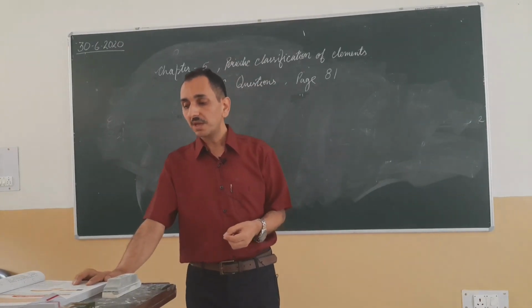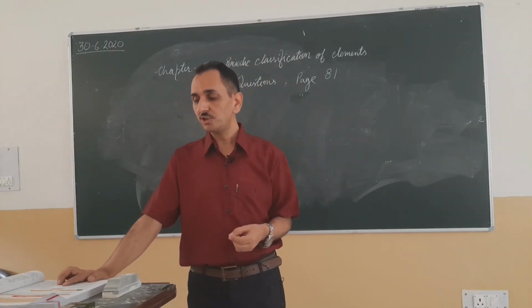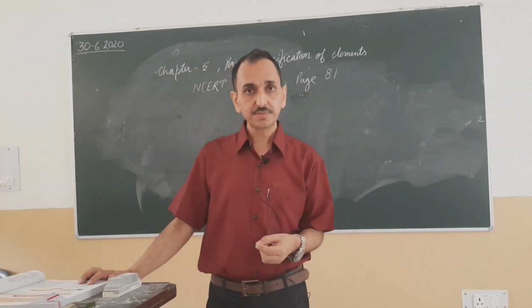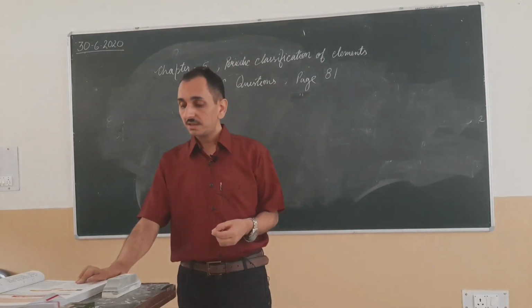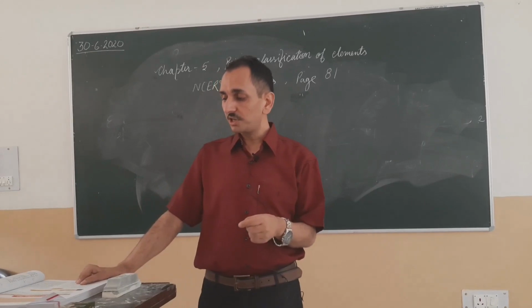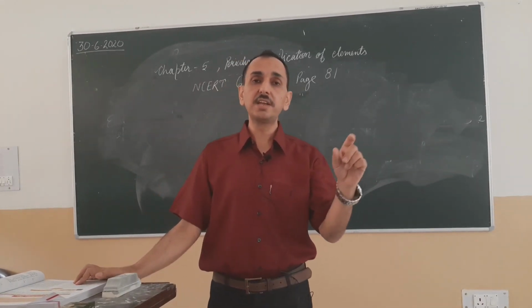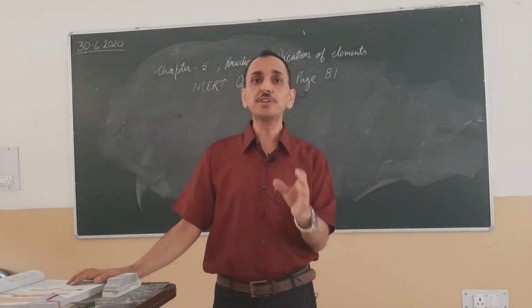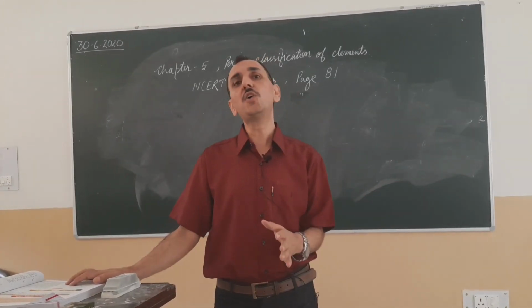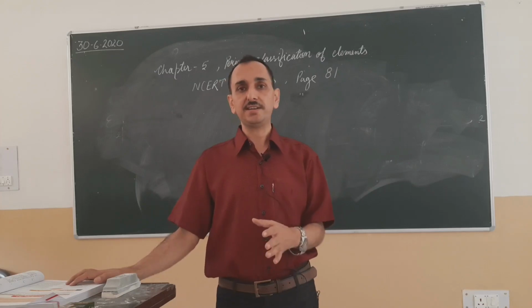Second question: what were the limitations of Dobereiner's classification? Demerits: Dobereiner could classify only 3 triads out of the elements present at that time. He was not able to classify the rest of the elements in triads.